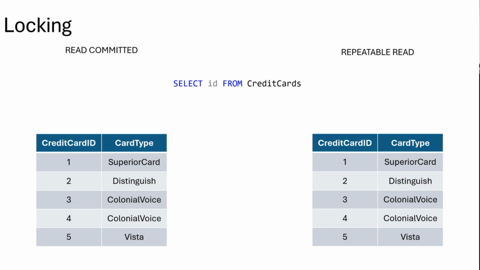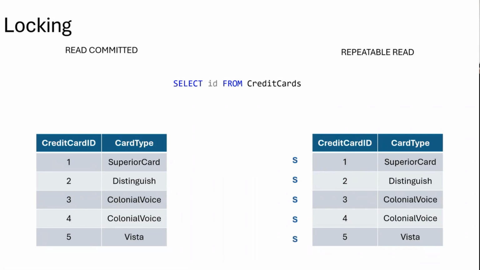Now, under repeatable read, it's something different. SQL Server also needs to place a shared lock and read the data, but it leaves the shared lock until the transaction is rolled back or committed. So it goes to the next credit card, ID 2, places a shared lock, reads the data, and leaves the shared lock there until the end of the table.